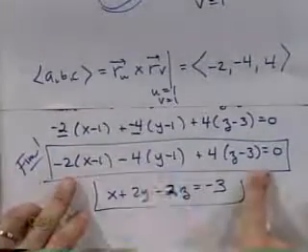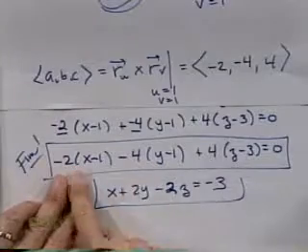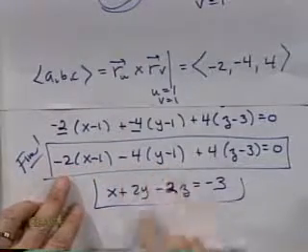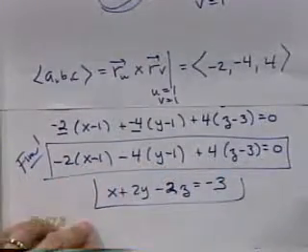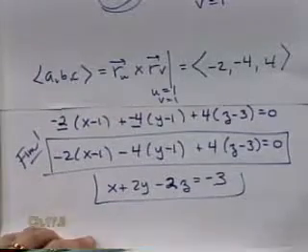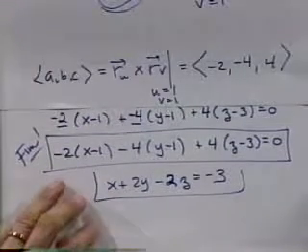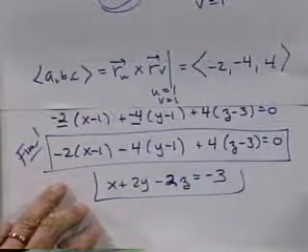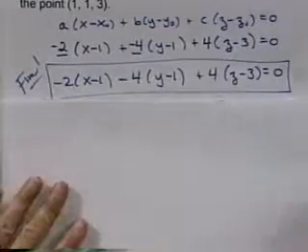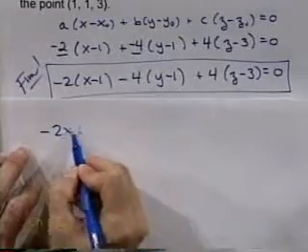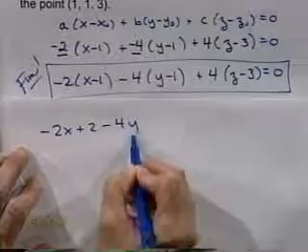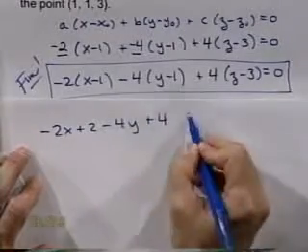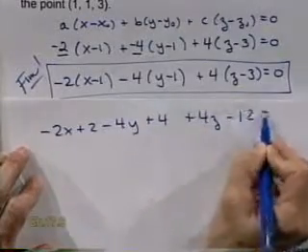If you multiply that out, negative 2x plus 2, minus 4y plus 4, plus 4z minus 12, and simplify it, you would get that. I would go minus 2x plus 2, minus 4y, negative 4 is plus 4, plus 4z minus 12 is 0.